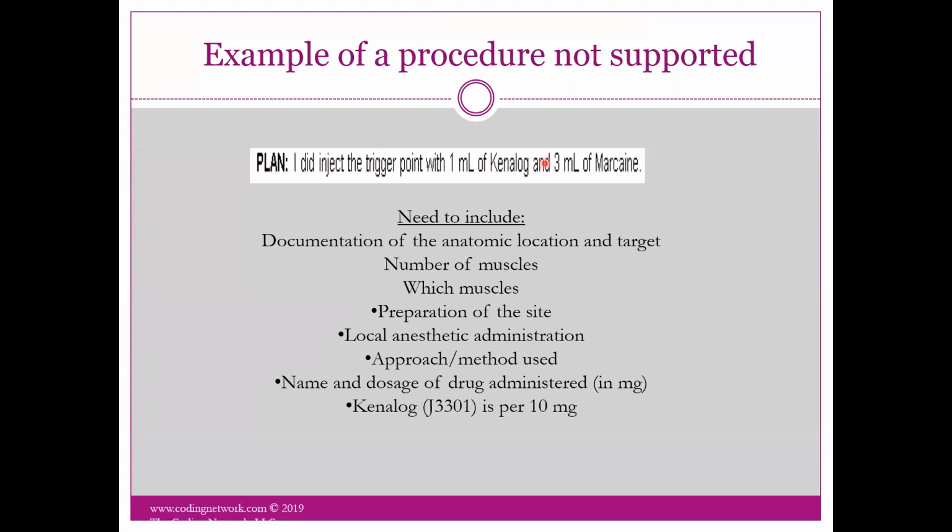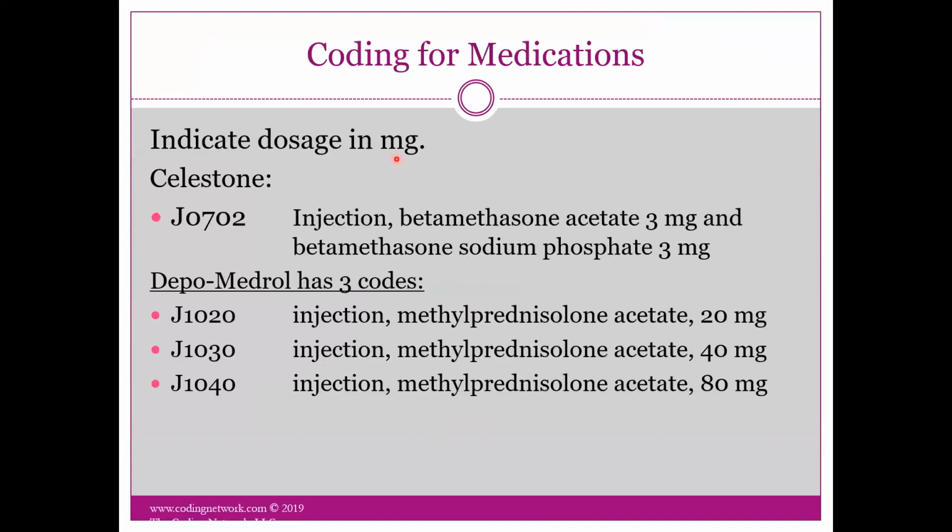That's not going to support the procedure. So just make sure the muscles involved, prep of the site, etc., and the med. Don't forget your meds because you can bill separately for specific medications. And document them in milligrams because most of the J codes are defined in milligrams.